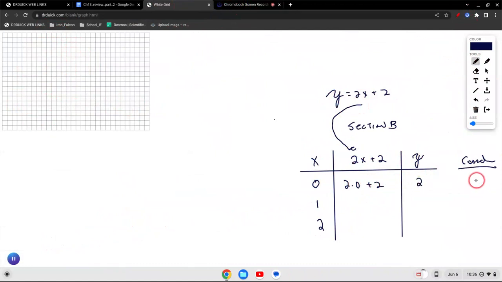My y would be 2. My first coordinate is 0, 2. My next one, I'm going to put a 1 in there. 2 times 1 plus 2 makes that 2 plus 2 is 4. So I get coordinates 1, 4. Next one is 2. 2 times 2 is 4, plus 2 is 6. So I get 2, 6.